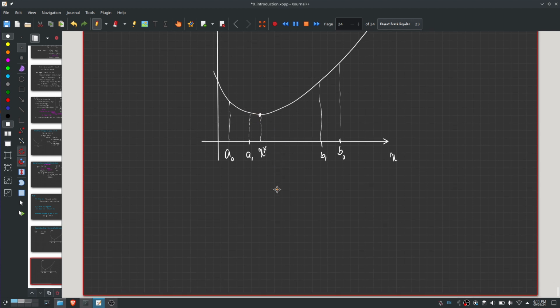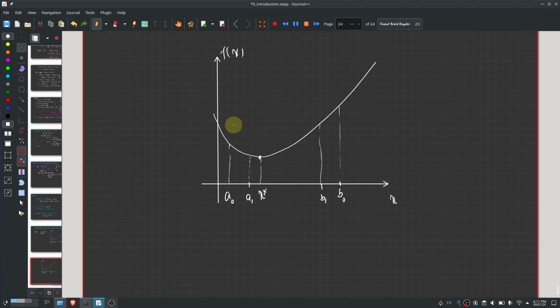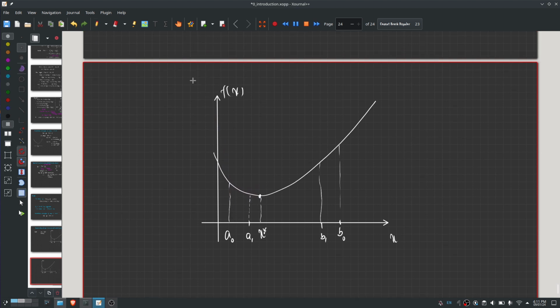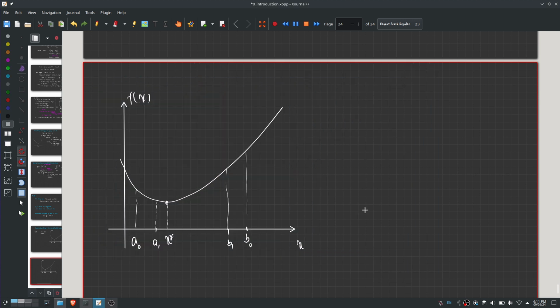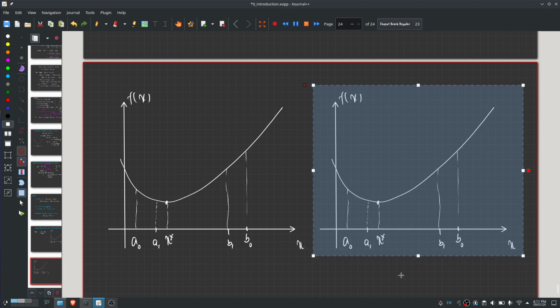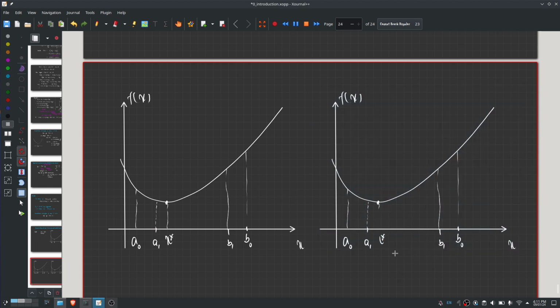Okay. So let's take this particular example. I'll try to contrast this with multiple examples. So this is what my function looks like.